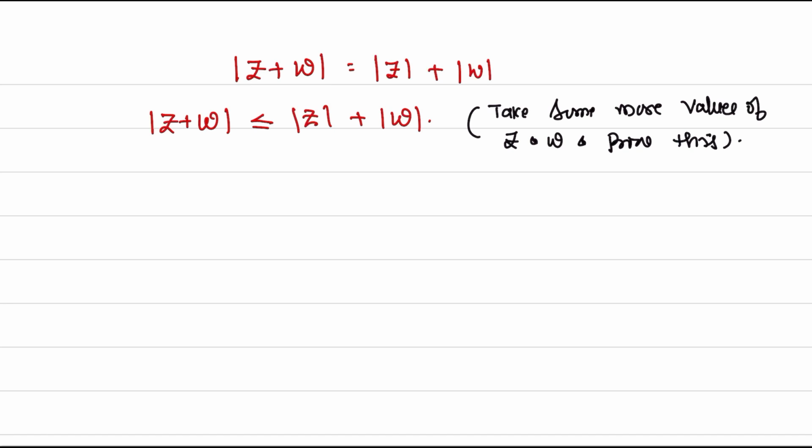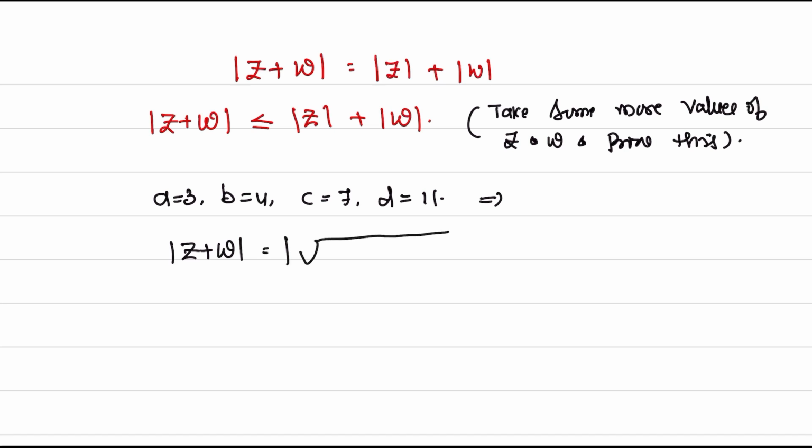Let A is equal to 3, B is equal to 4, C is equal to 7, D is equal to 11. What is modulus of Z plus W? Modulus is square root of (A plus C) whole square, real numbers.